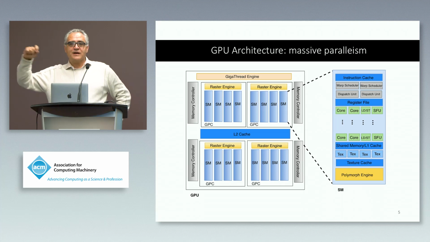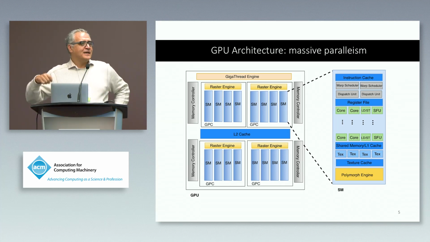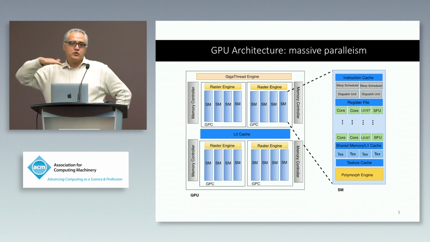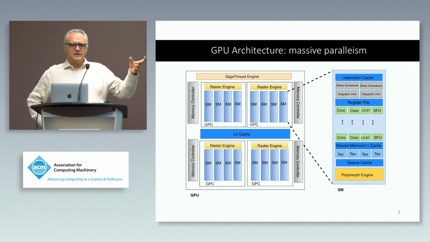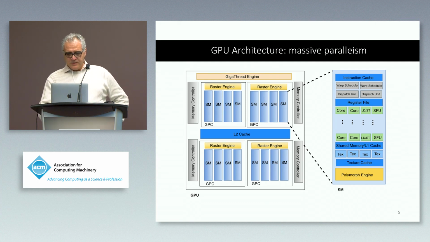You schedule instructions from different warps, which are groups of threads, and every instruction issues the same operation on 32 values. 32 is the most common, but there are wider and narrower GPUs.